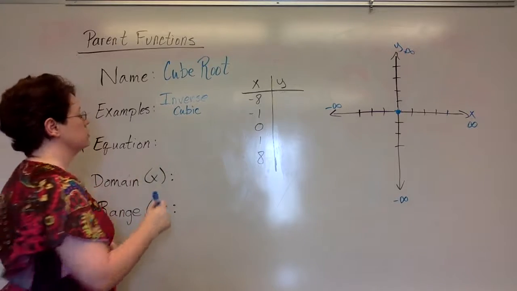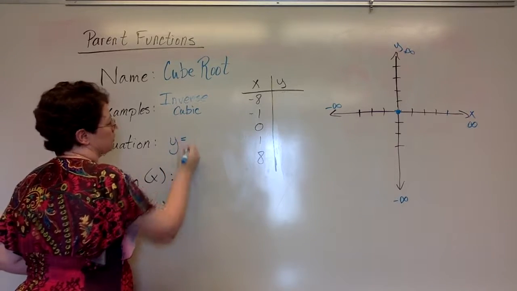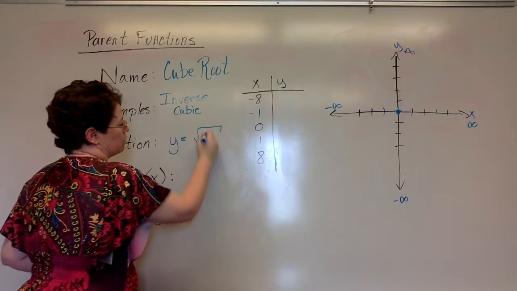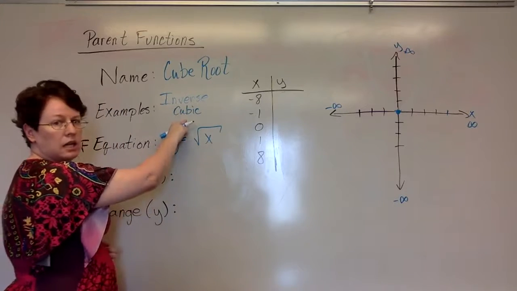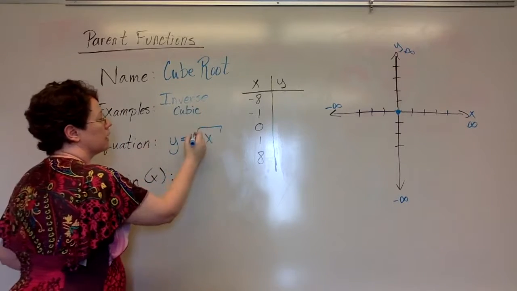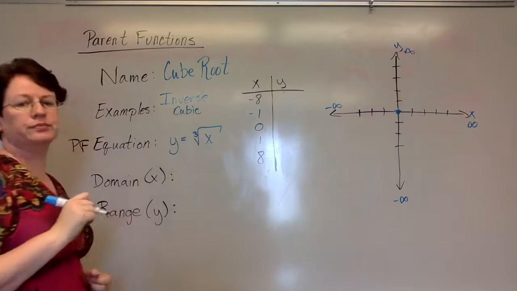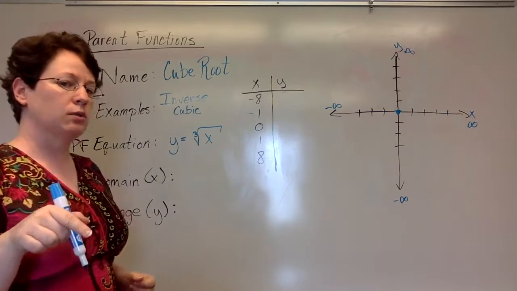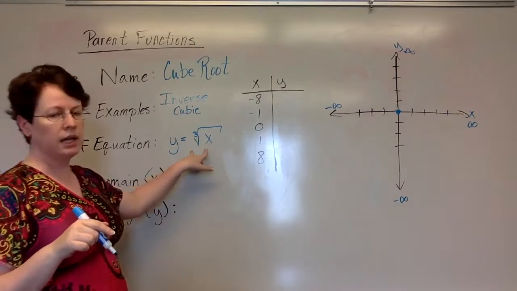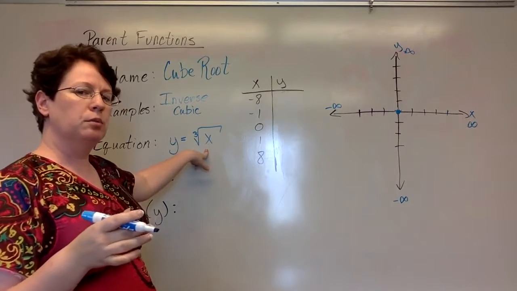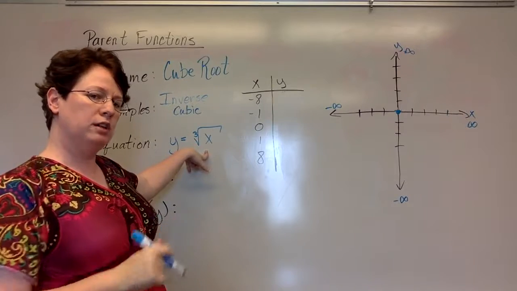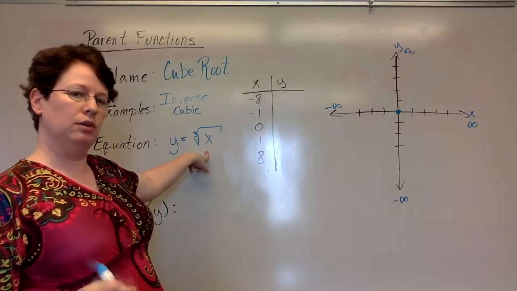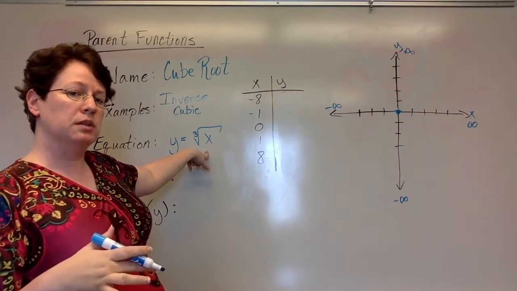So our parent function, this is the one that freaks everybody out. I still have a radical with an x, but to indicate cube root, I put a little 3 right out front. That little baby 3 tells me it's a cube root and not a square root. Remember square root, I say what squared gives me this number? Cube root is what cubed gives me this number.